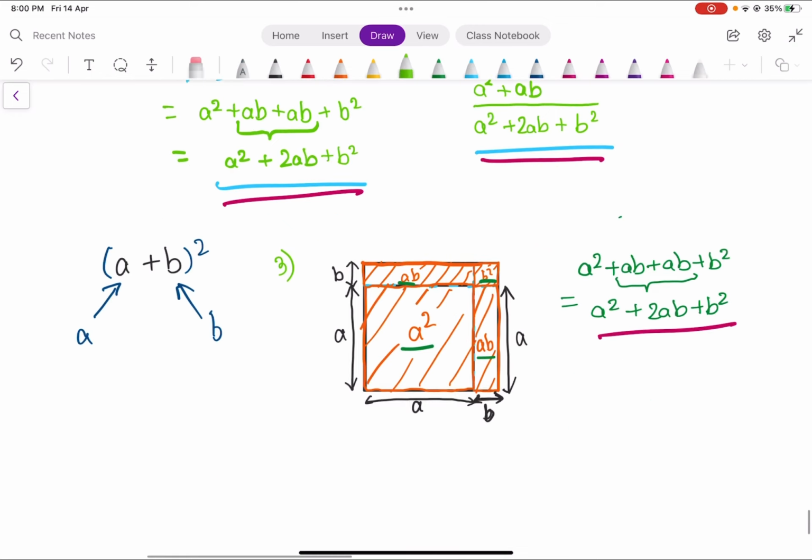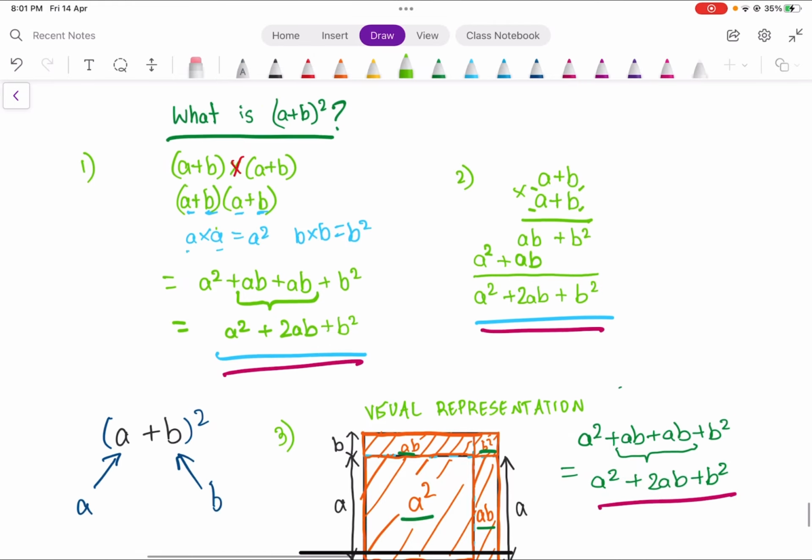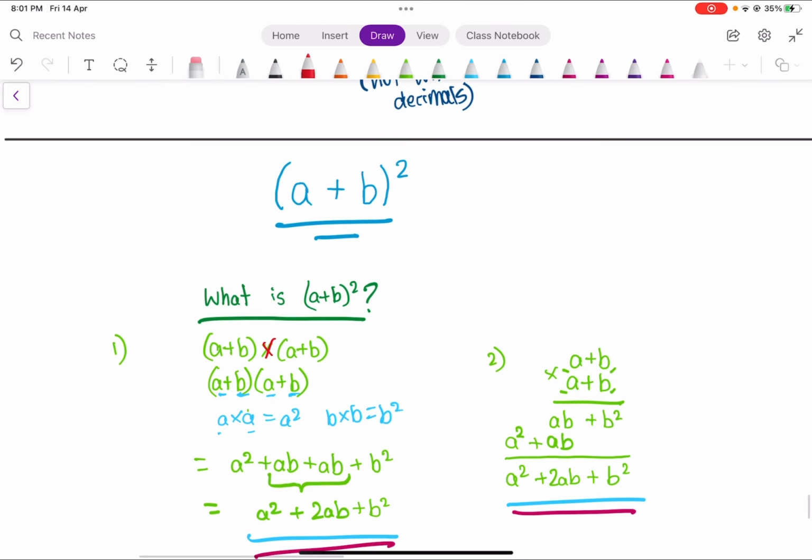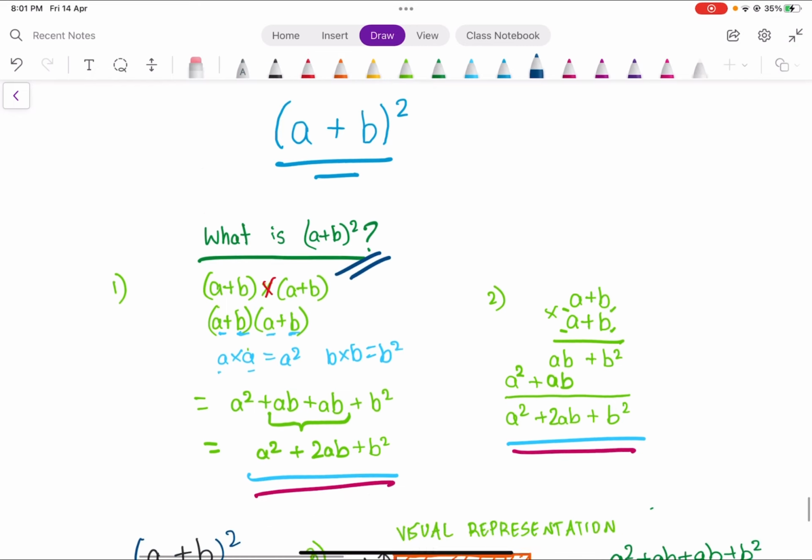Now, I wouldn't really say the last one we worked on would be a method. This would be more like a visual representation. But either way, all 3 of these give us the same answer to the question we originally asked, what is a plus b squared?